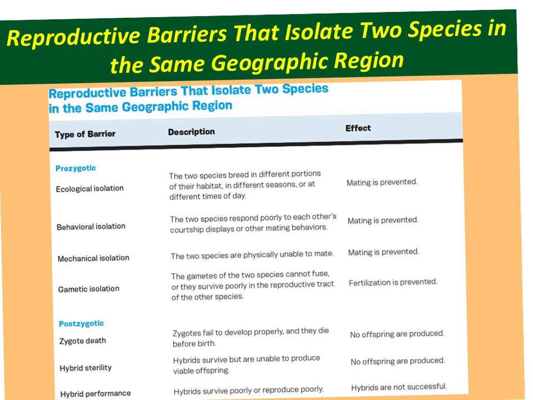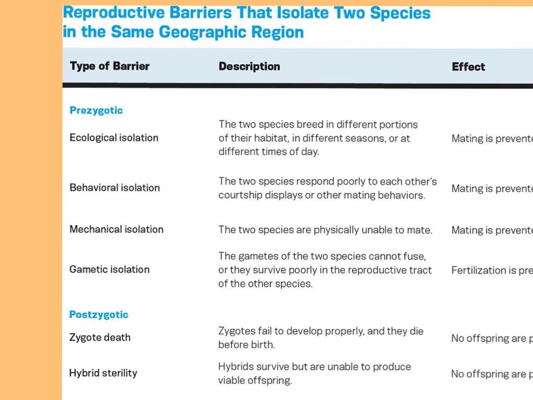But there are different mechanisms going on here. These are called reproductive barriers. They are generally broken up into two major groups. One is prezygotic, and the other is postzygotic.